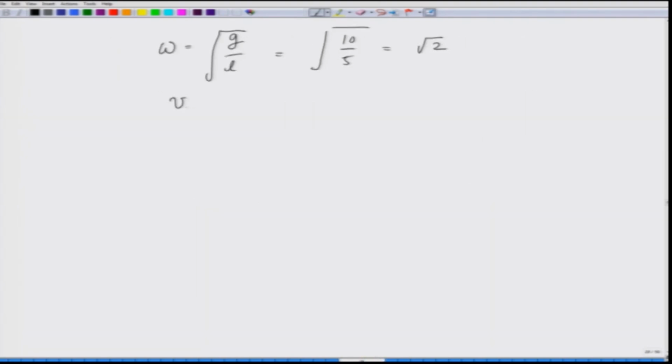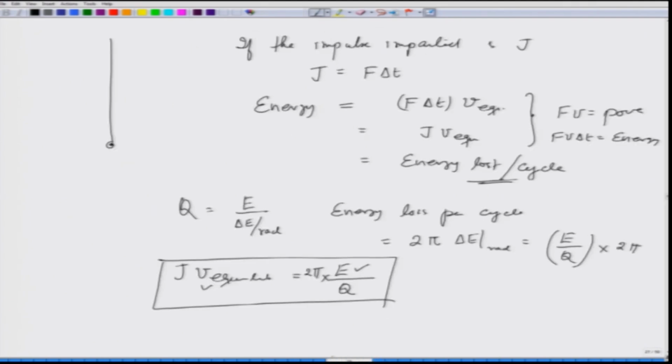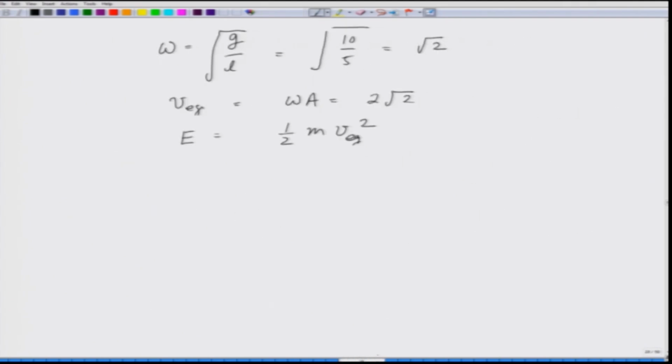And V equilibrium is going to be omega times the amplitude, which is going to be 2 root 2 times 2 pi. Energy is going to be 1/2 m V equilibrium squared, that is the total energy, the kinetic energy while the swing is passing through the equilibrium point.